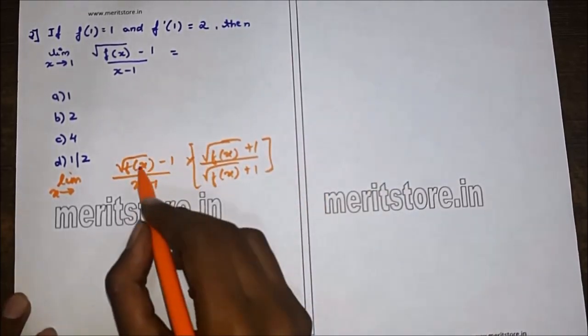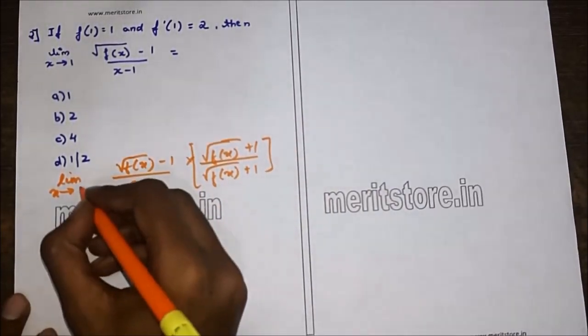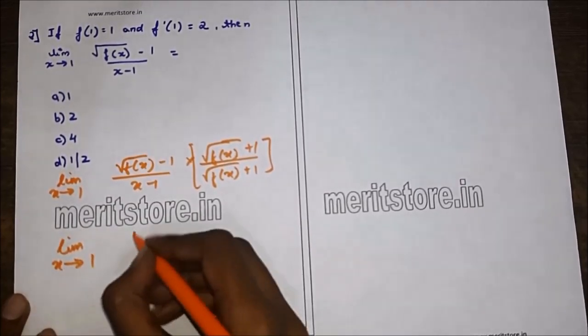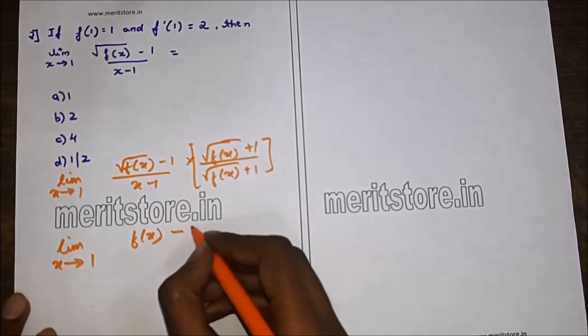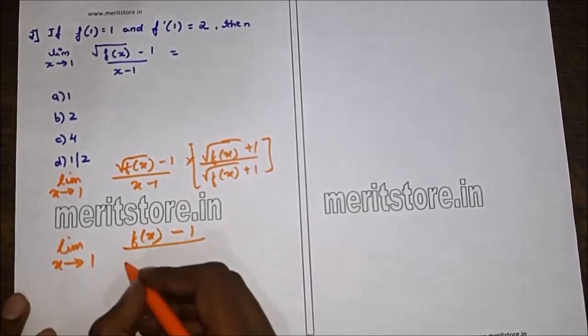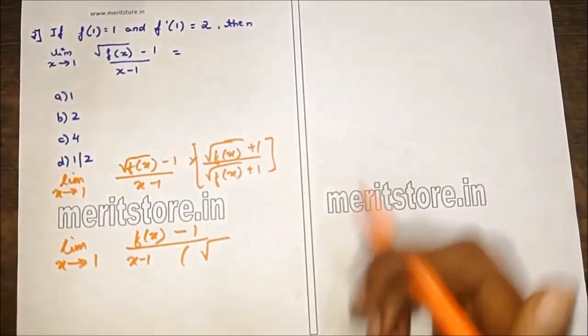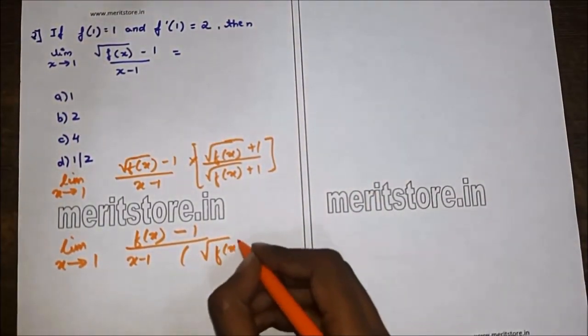So now this is in the form of a plus b, a minus b. So this is a square minus b square, that is limit x tends to 1 f of x minus 1 upon x minus 1 into root of f of x plus 1.